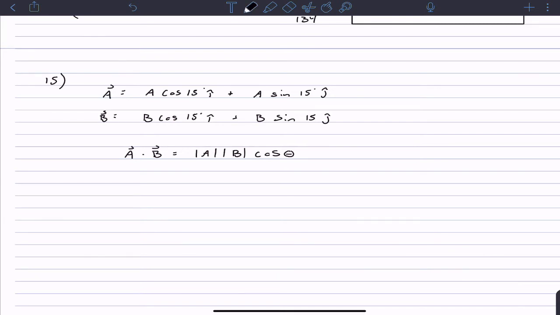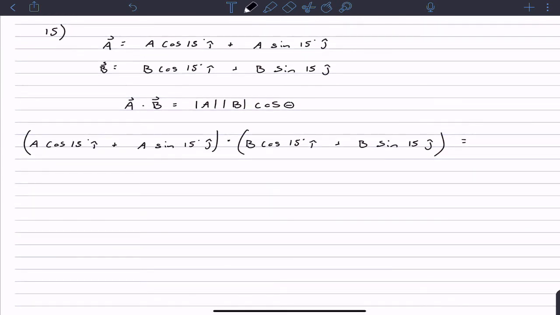Anyway, the point is, we can just take the dot product directly, right? So let's just set this up. I'm just going to take the dot product of the vectors that we're given. We get a b cosine squared 15, because they're both 15, right? This is 15 degrees, this is cosine 15 degrees.